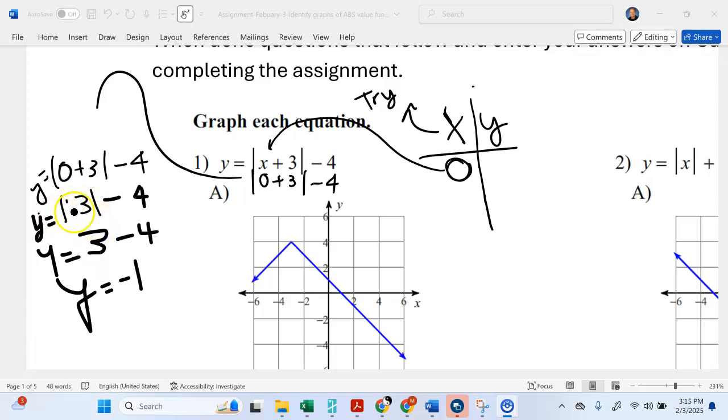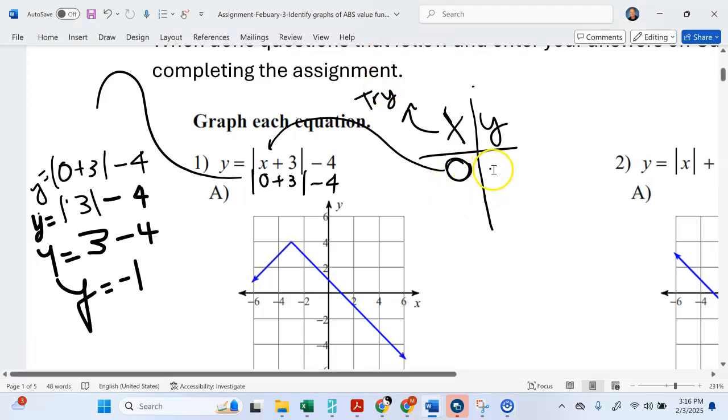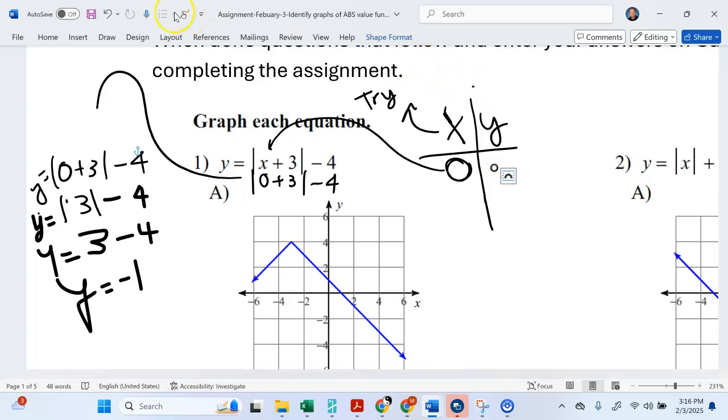And then the absolute value of 3 is 3. And then we still have the minus 4, so 3 minus 4 is negative 1. So that means we have this value over here, negative 1, okay?